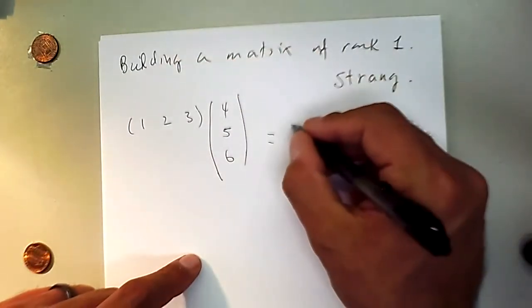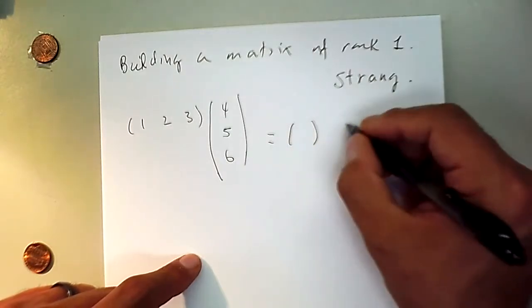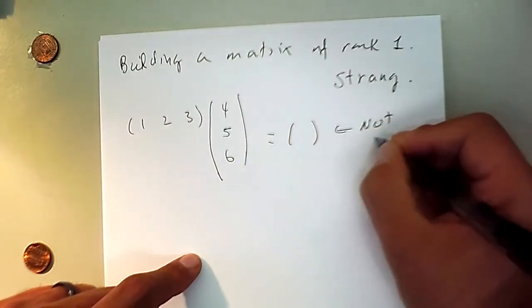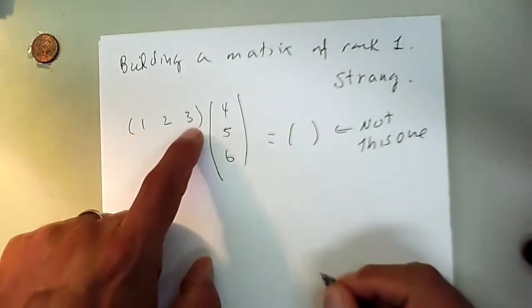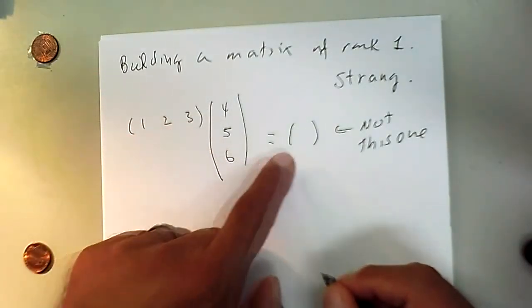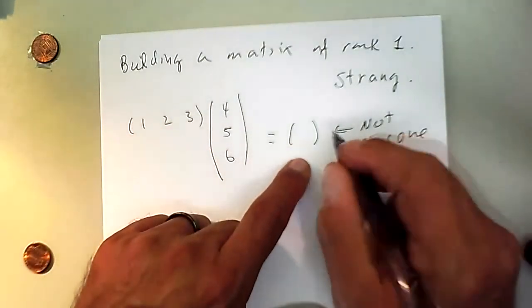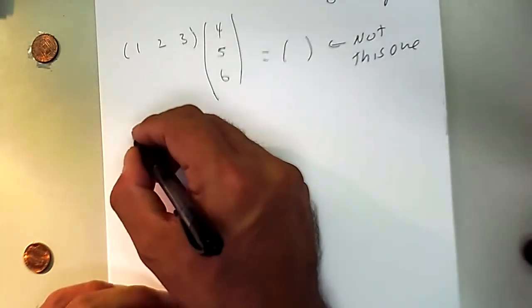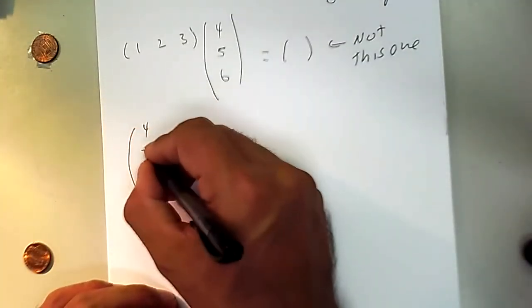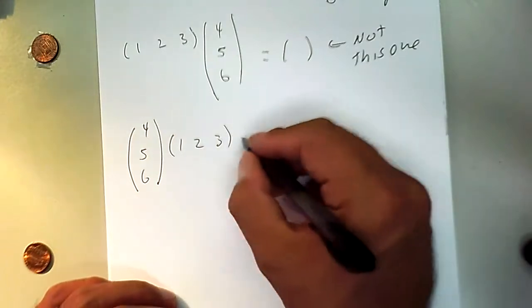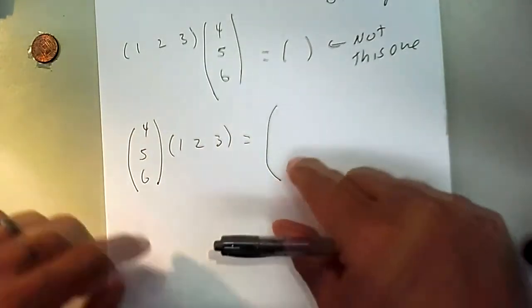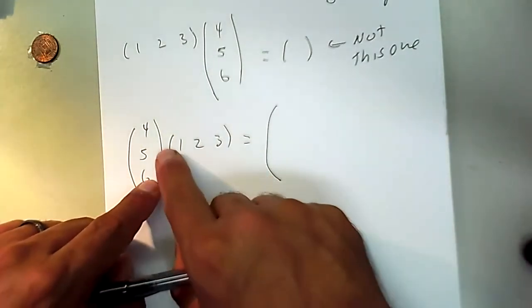This is a 1 by 1 matrix, not this one, because this is 1 by 3, and then this is 3 by 1. So they do multiply out, and we get a 1 by 1 matrix, but that's not the one I wanted. So I'm going to reverse those two, 4, 5, 6, 1, 2, 3. There we go. And that's going to give us a 3 by 3 matrix, 3 by 1, 1 by 3.